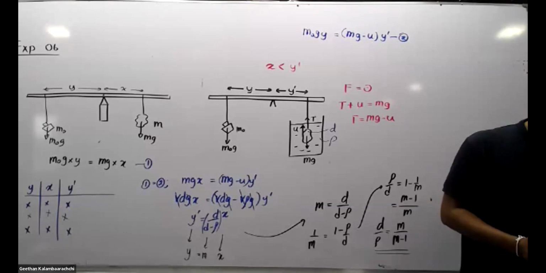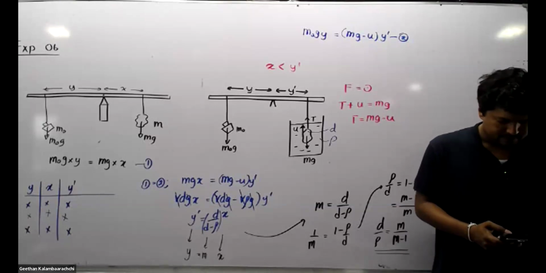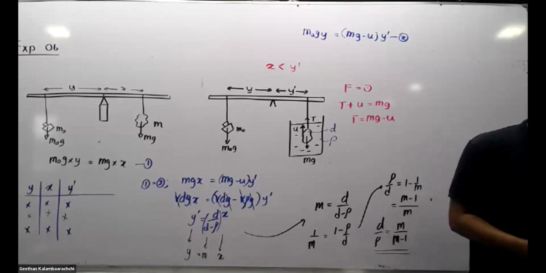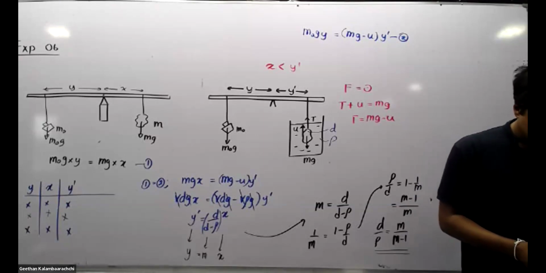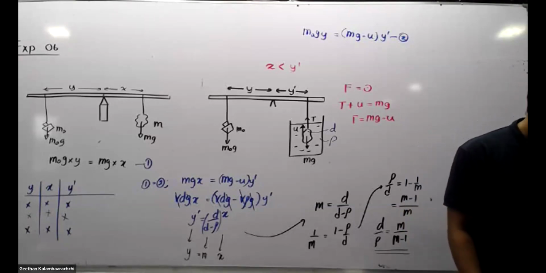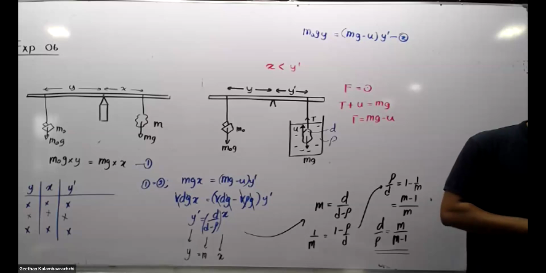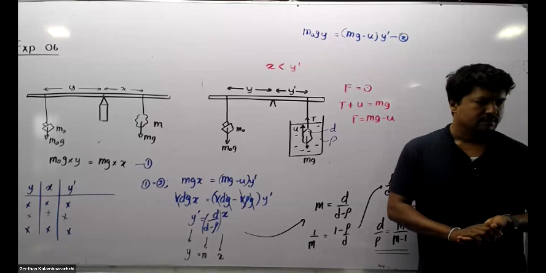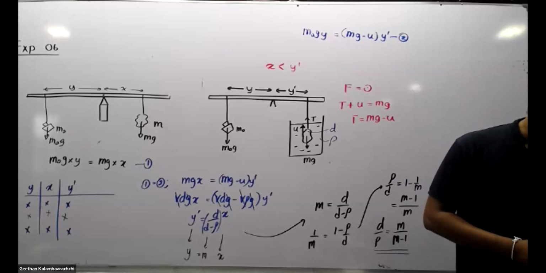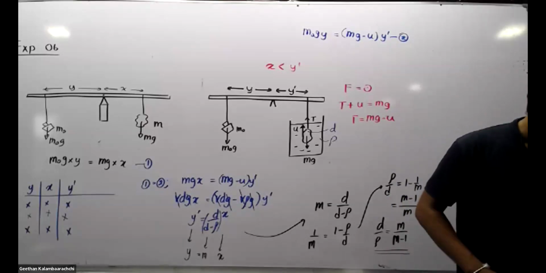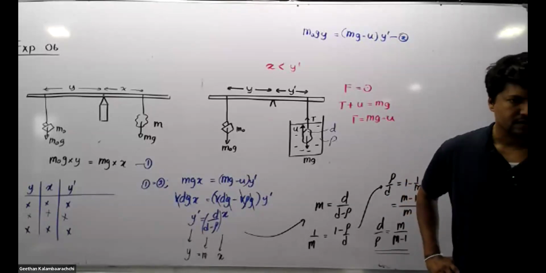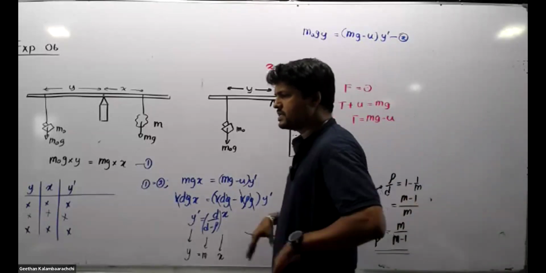And using the gradient of the graph, you can obtain an equation for the relative density of the object.